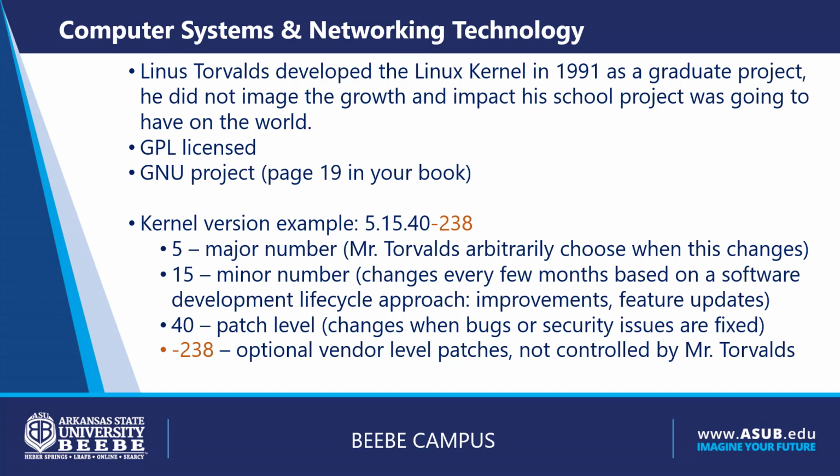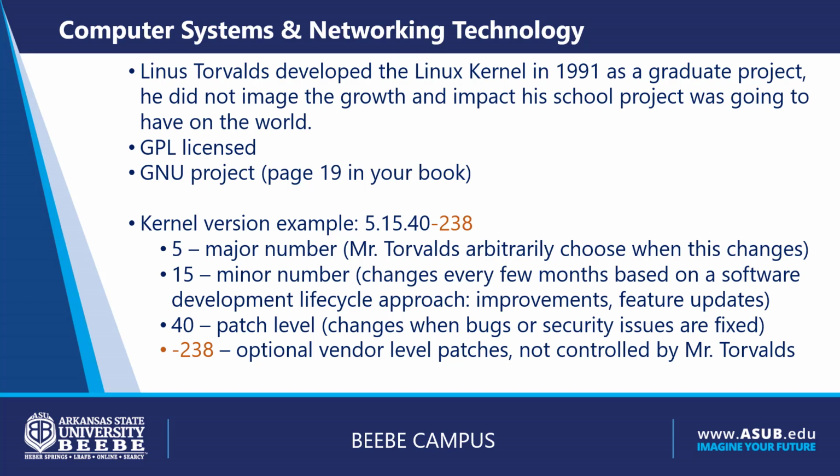The Linux kernel, you might see examples of 5.15.40 and an optional number at the end. A breakdown of the versions. The first one is known as a major number. Mr. Torvalds just arbitrarily now chooses when this changes. The middle number, 15, a minor number, changes every few months.